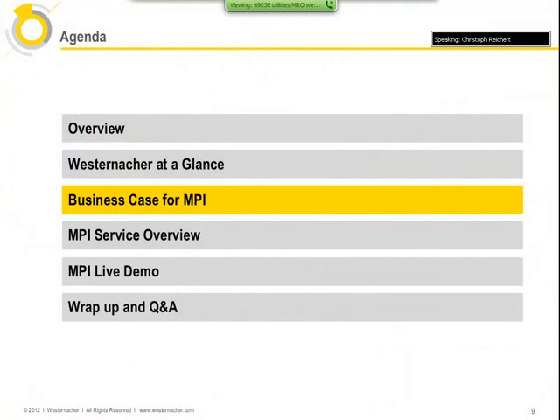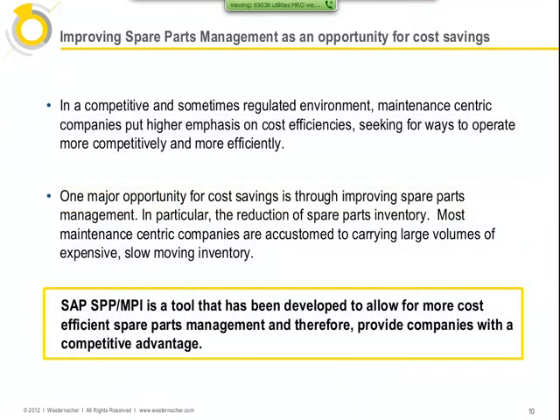So what does the business case for maintenance plan integration look like? Better spare parts management can help utilities achieve substantial cost savings. Utilities in today's market and regulatory environments are looking for ways to operate more competitively and more efficiently in order to realize cost savings. Improving spare parts management holds major potential for cost savings, especially through a reduction in spare parts inventories.